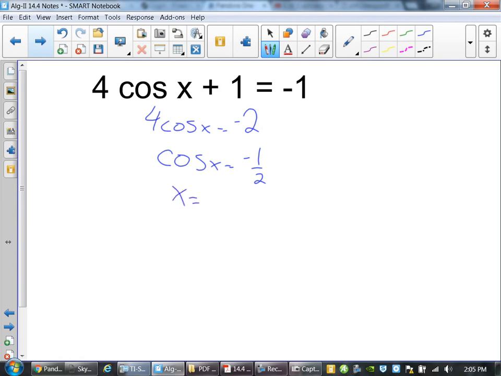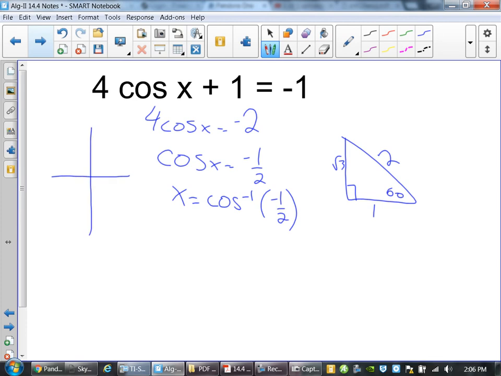60. It's got to be my 60. Where then is cosine negative? Third and second.